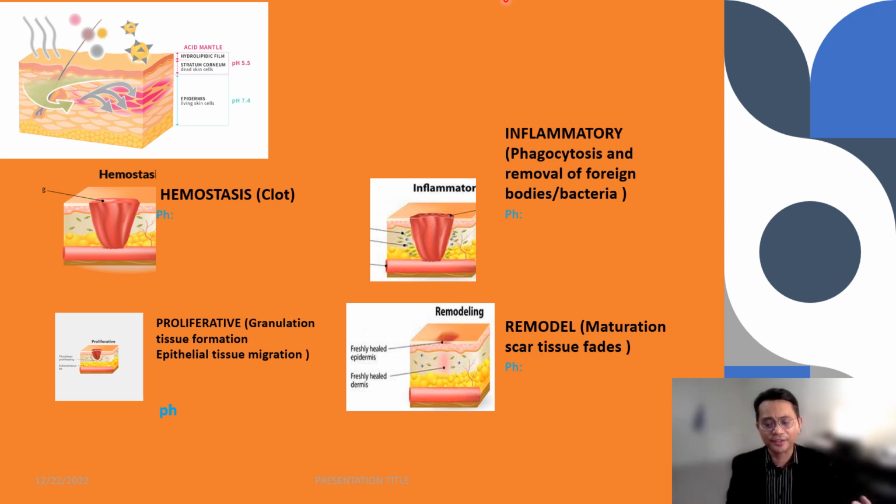So what happens there is that there is decrease in the oxygen supply in the wound environment that would lead to the shift from an aerobic metabolism into anaerobic metabolism that will lead to the buildup of lactic acid, and this buildup of lactic acid reduces the pH of the wound to 6.